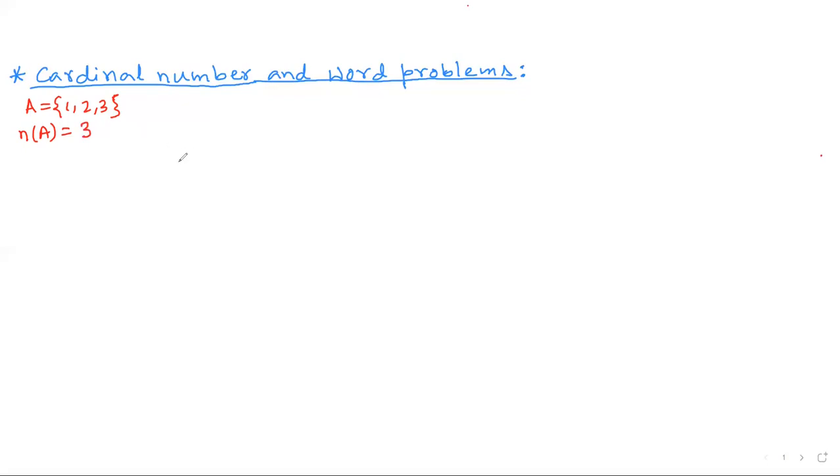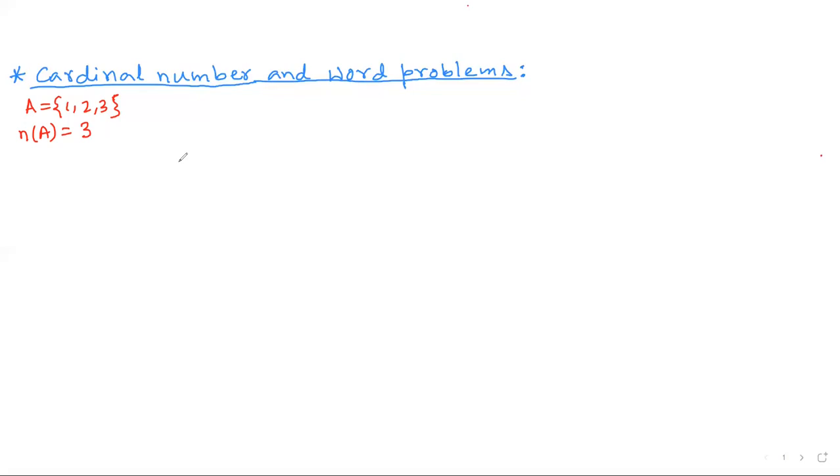So n of A, that is the cardinal number of A, is equal to 3. Actually, this idea is required when you solve word problems by using set theory. Word problems you can solve by using two types of method.